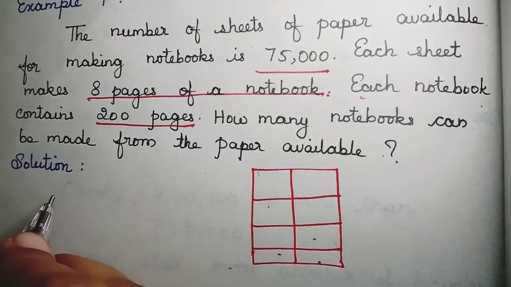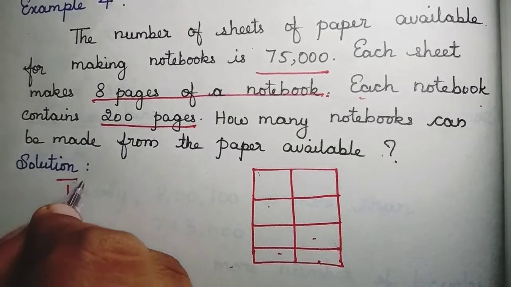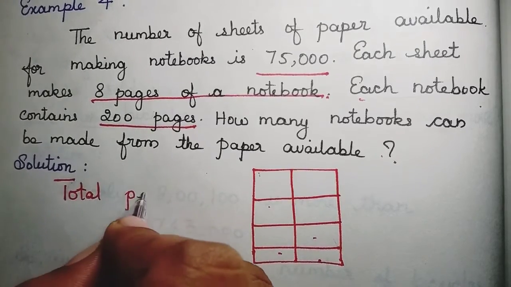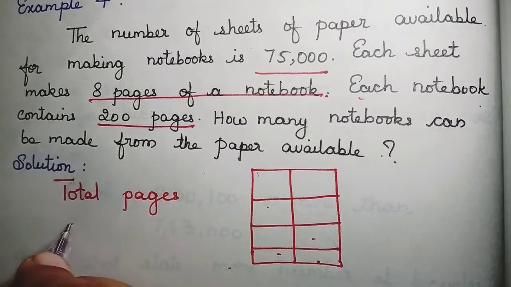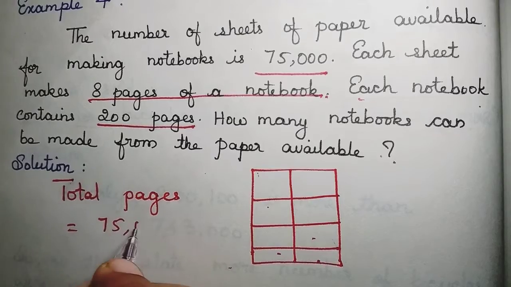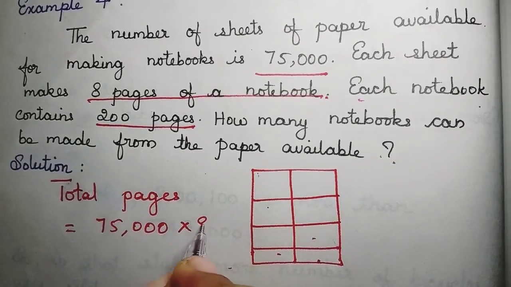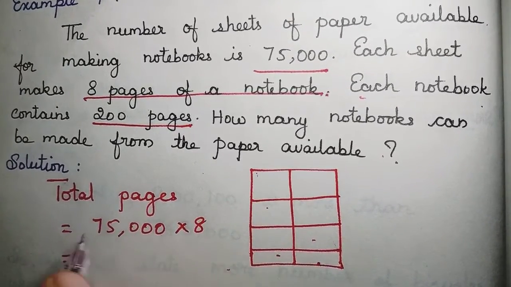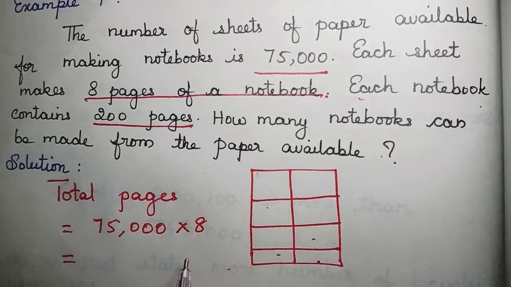So total pages equal to 75,000 into 8. When you multiply these two, you will get the total number of pages.